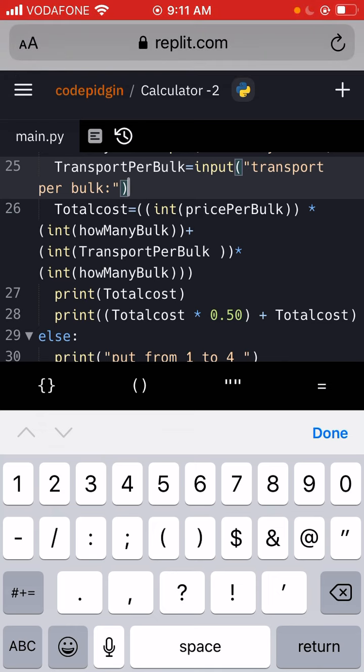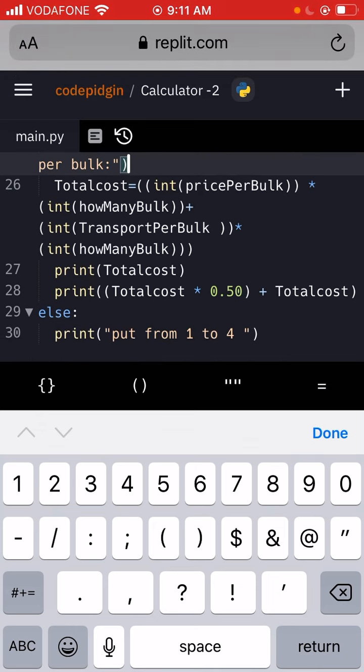Maybe we buy 2 bulks, it will be 2,000 naira. Then we also multiply transportation per bulk. Say okay, if you want to transport 1, how much will it take? If it is 200 naira for 1 bulk, it will be 400 naira for 2 bulks.